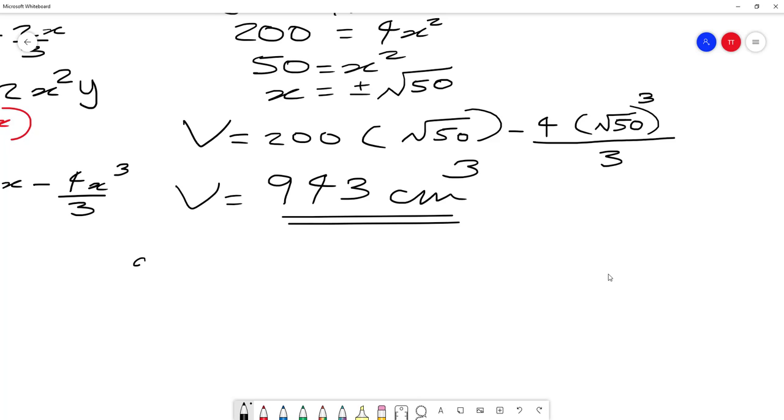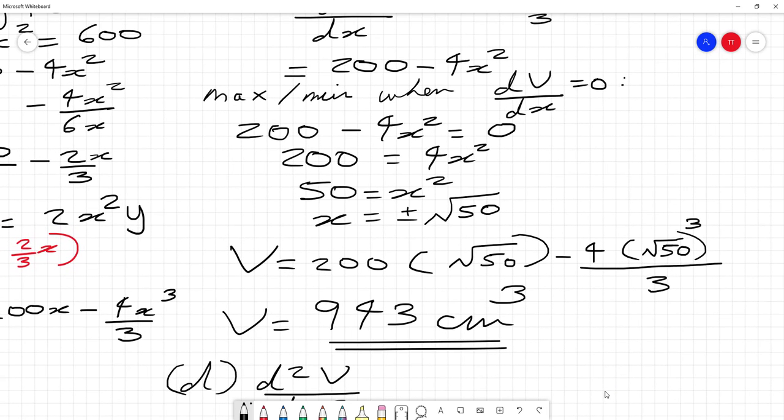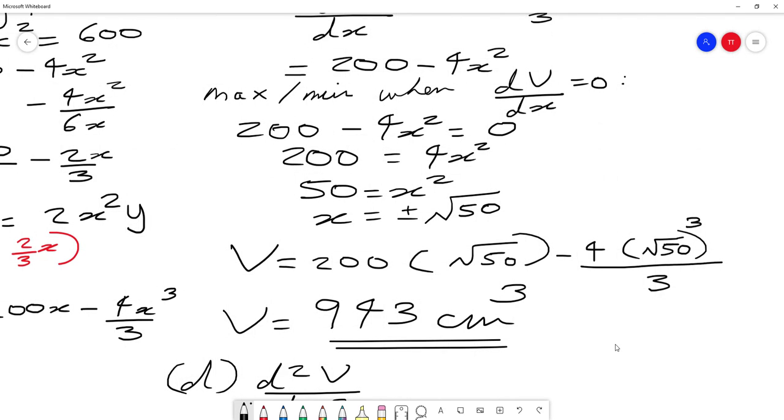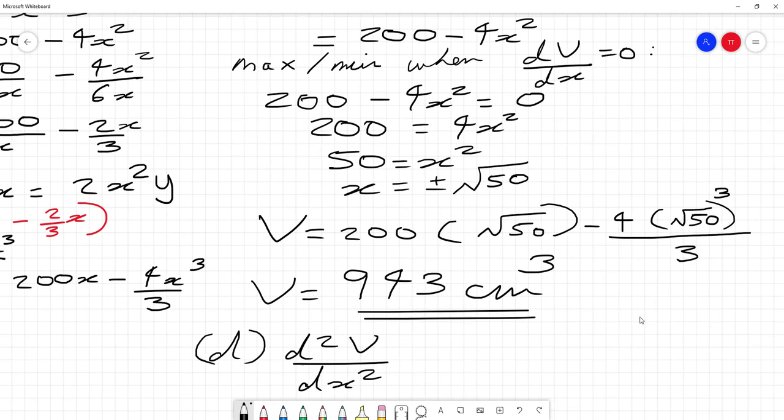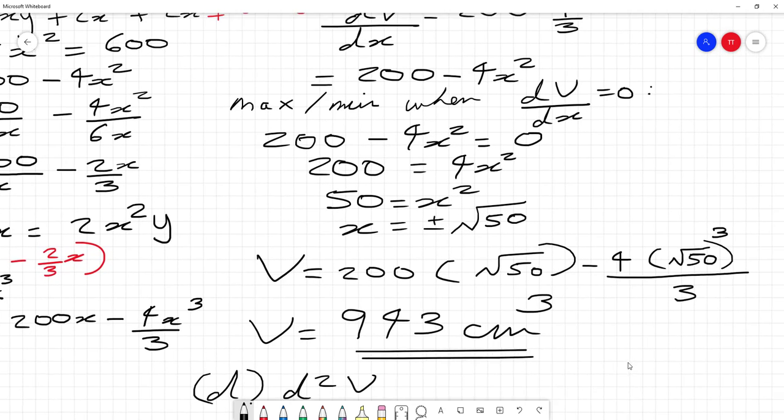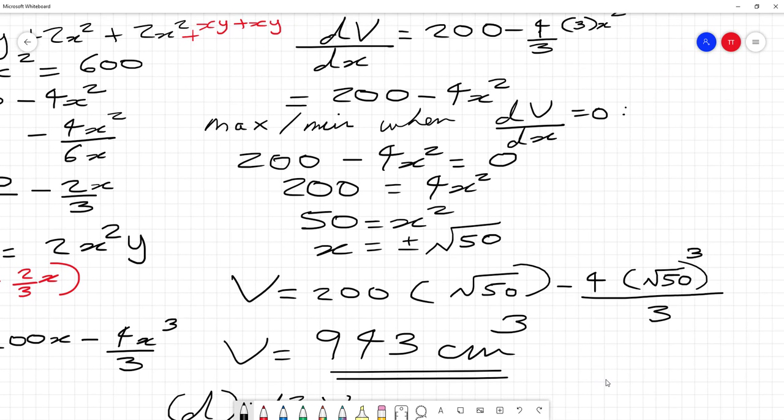So we can write d2V by dx squared. So we differentiate this for the second time now. So we take our first derivative and we differentiate it. So that's going to be minus 8x.